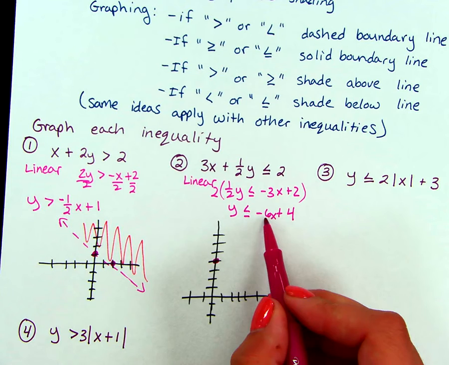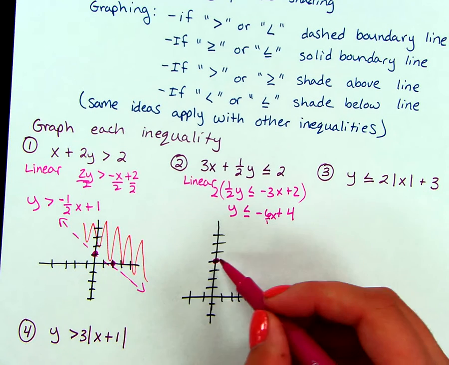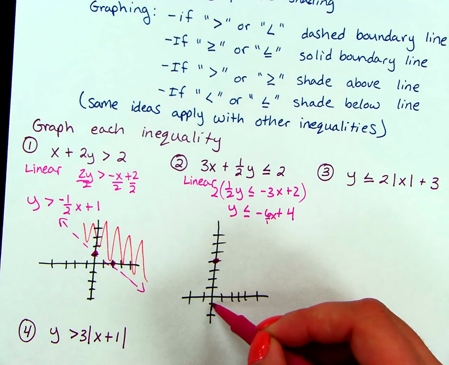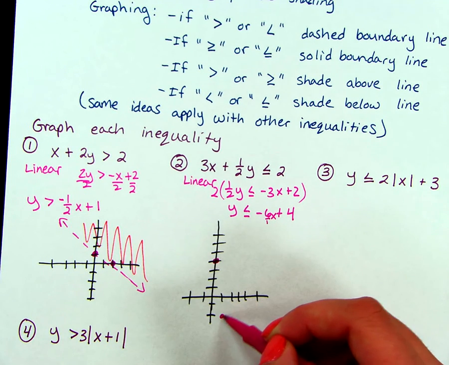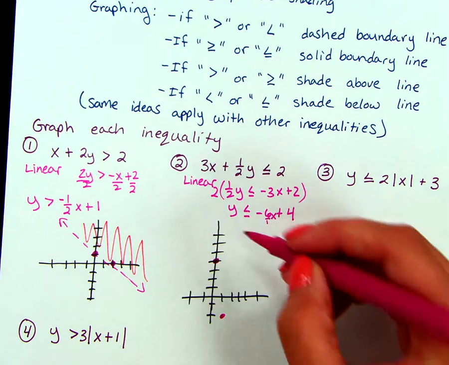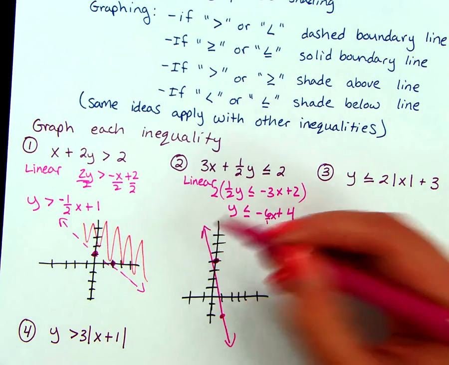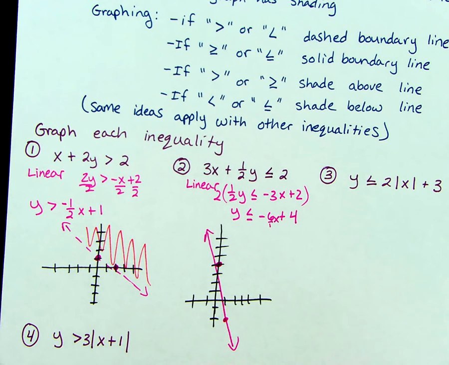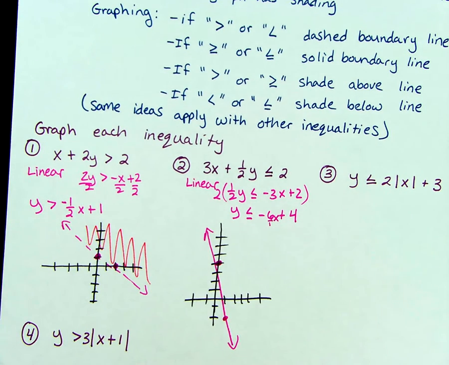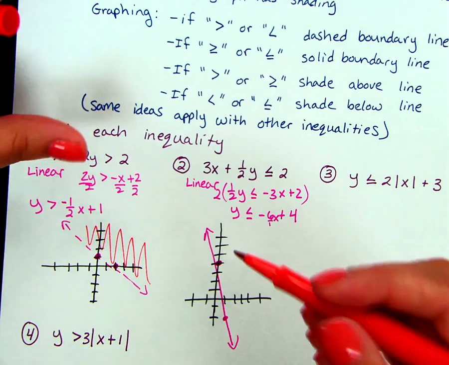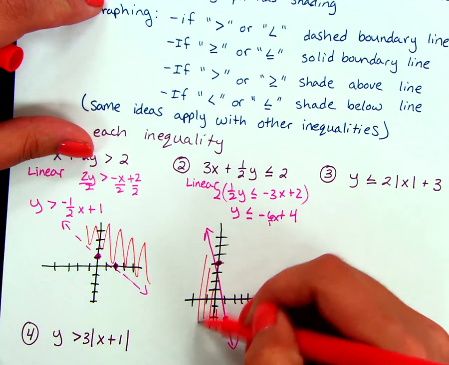My slope is negative 6 over 1, so I'm going to go down 6 and to the right 1. This time we are connecting it in a solid line because that bar is there. And since we are dealing with the less than symbol, when we shade, this time we want to shade below our line. We need to shade the y values that are going to be smaller. So that's going to be on this side.